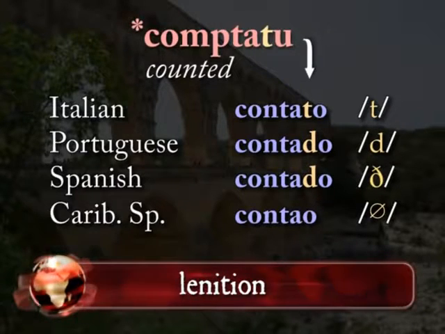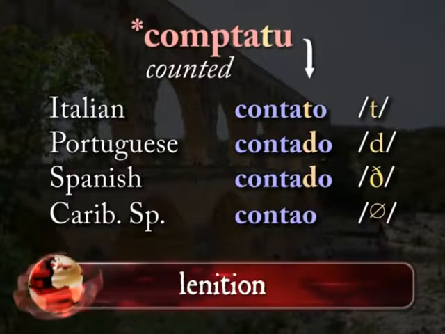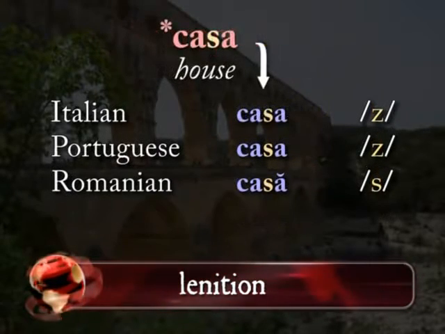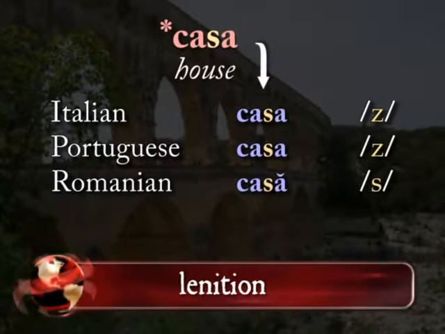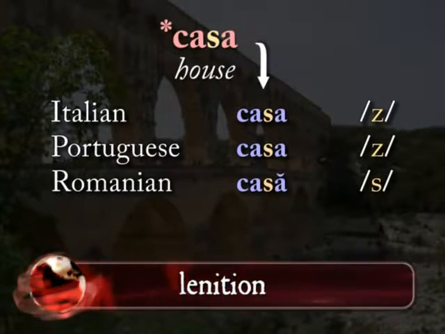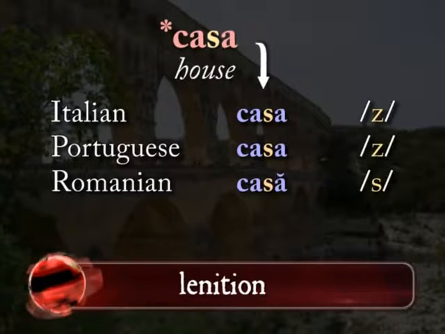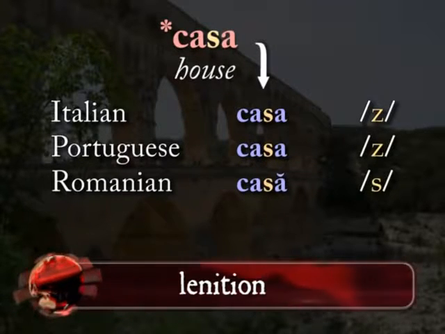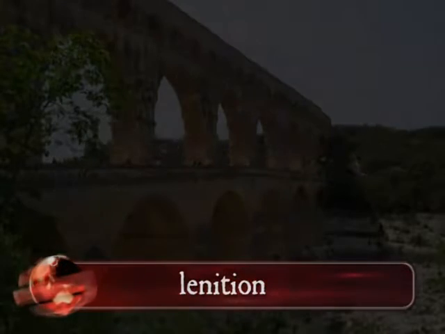This is also how a single S comes to sound like Z between two vowels in many Romance languages aside from Spanish and Romanian. Casa, Italian casa, Portuguese casa, but Romanian casa.